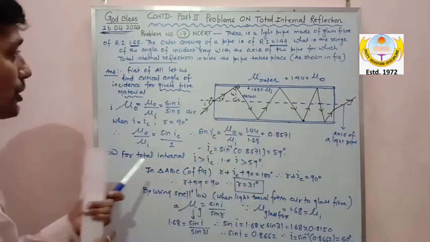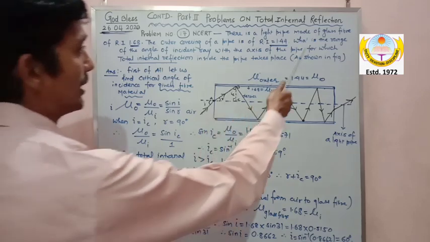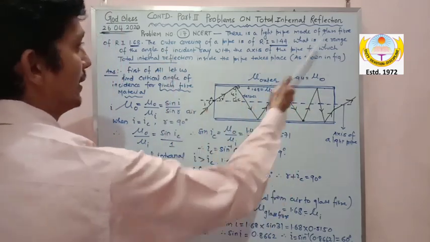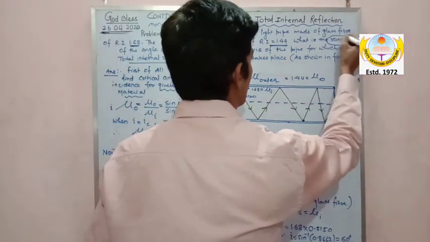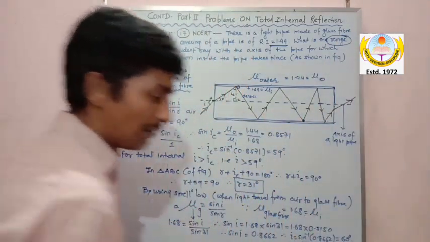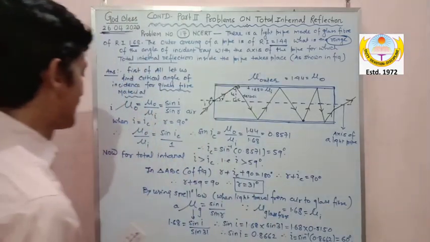So the question here is, what is the range? They are asking range. Please try to understand. So what is the range? How will I write the range? Writing the range is not difficult.